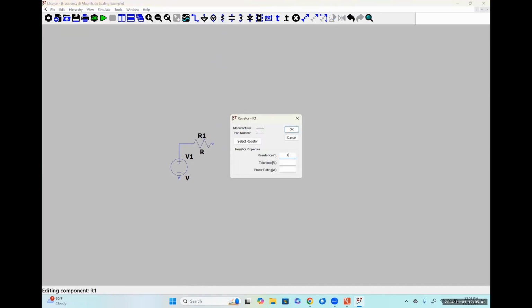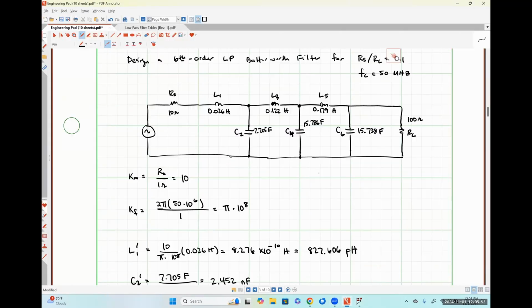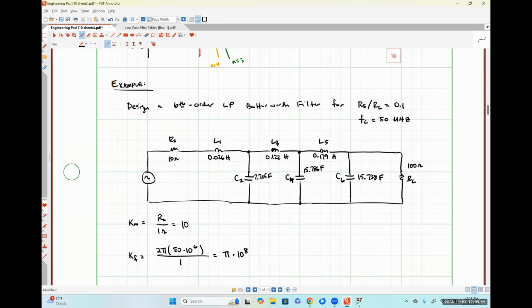So I put this as a 10 ohm resistor, right? Just for what it's worth, we said in the design criterion that the ratio of RS over RL is 0.1. So I'm just looking for any resistors where that's true. Because I put a 100 ohm resistor as RL, RS had to be 10 in order to make that ratio correct.